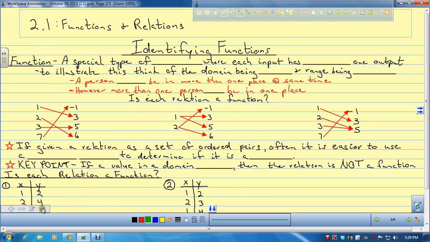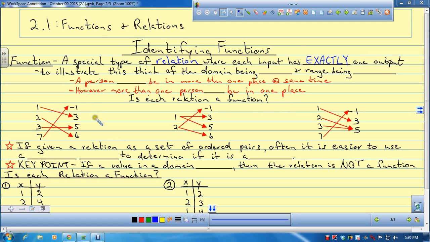Alright, a function is going to be a special type of relation where each input is going to have, this is important, exactly one output.